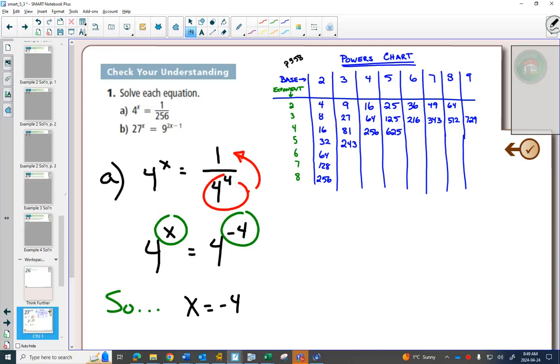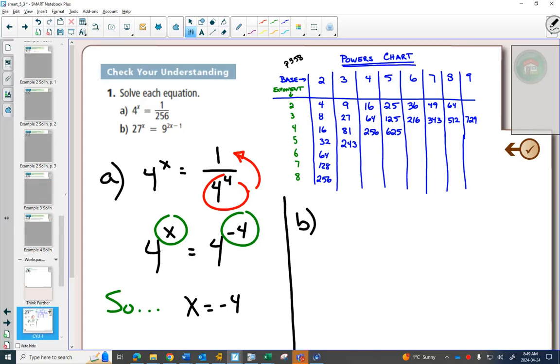It has to be obvious that if 4 to the x equals 4 to the negative 4, then x is equal to negative 4. So we're really going to use a lot of exponent laws from previous years.